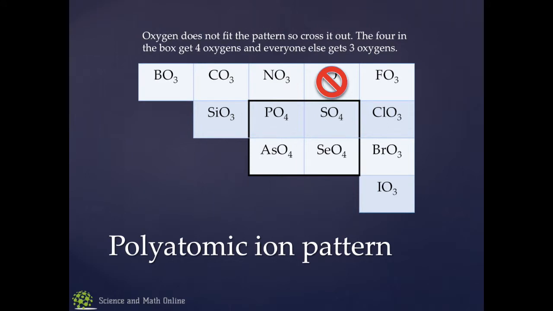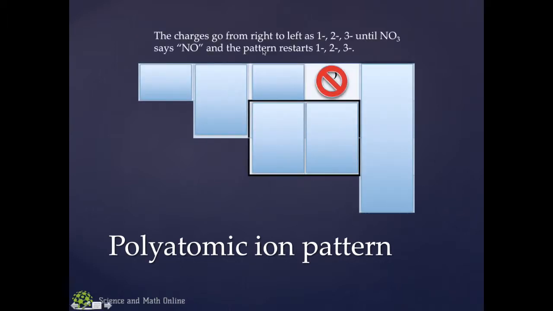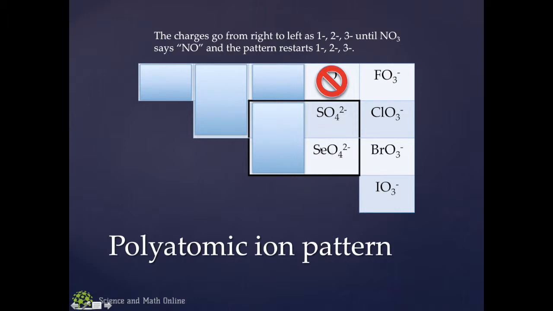And then charges. The charges are going to work the same way. We're just going to start here: group 17 is 1 minus, so group 17 stays 1 minus. Group 16 is 2 minus, and so it stays 2 minus. Group 15 is 3 minus, at least these two are, until you reach nitrate, NO3.